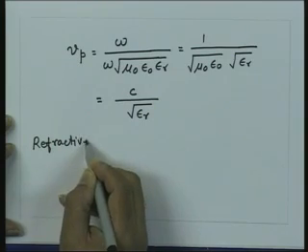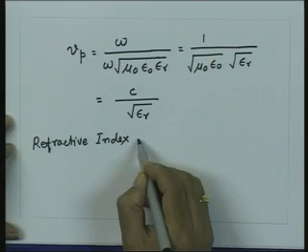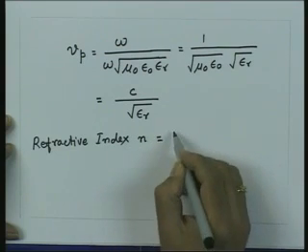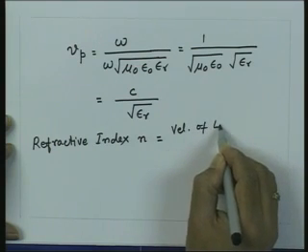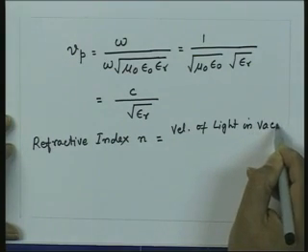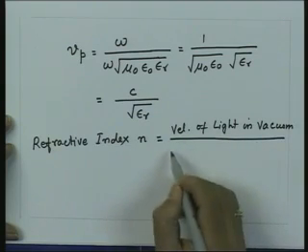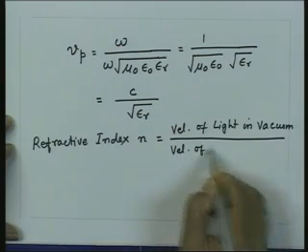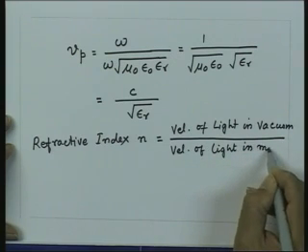So, going by that definition, we have the refractive index of the medium, let us denote it by small n, equal to velocity of light in vacuum divided by velocity of light in medium.